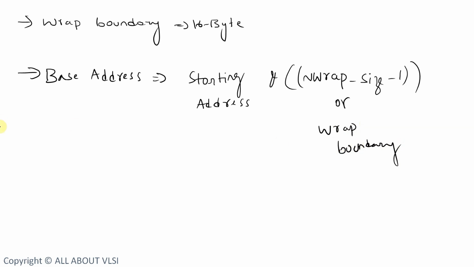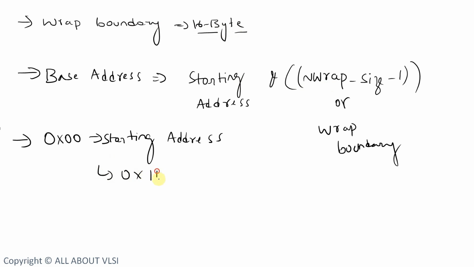For example, let us say our starting address is equal to 0, and our WRAP boundary is equal to 16 bytes, that is 0x10. Now we are going to perform an AND operation between this starting address and the complement of WRAP size minus 1.